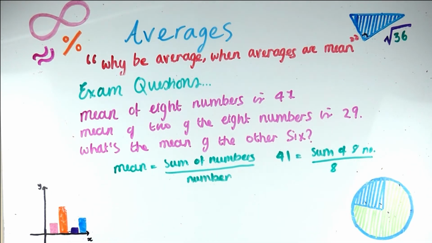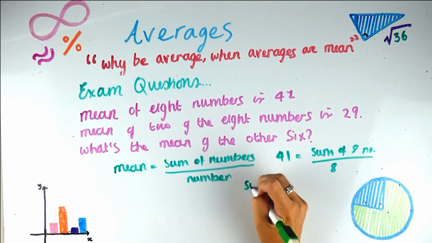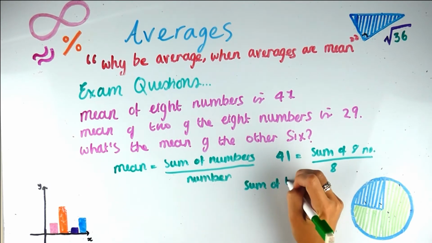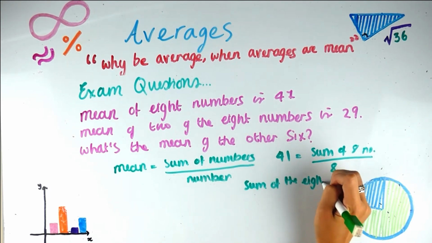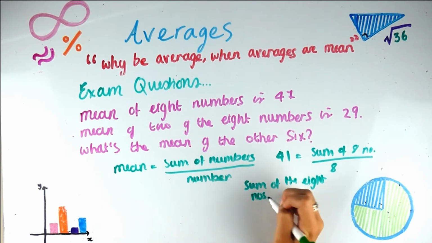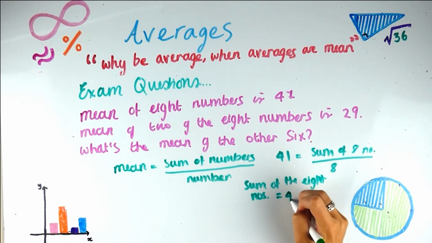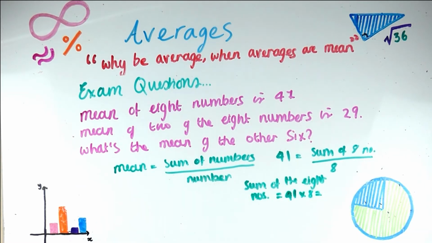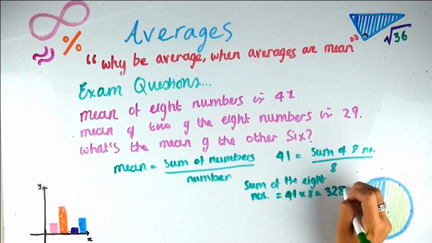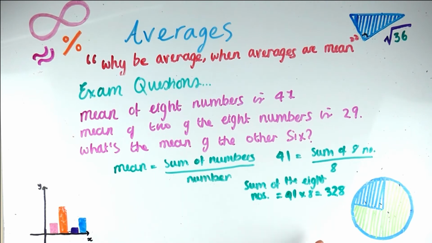So we know that if we multiply this up, the sum of the 8 numbers is 41 multiplied by 8. And the reason you know to do this is because it's the only information that's given you in the question, so it's kind of what you've got to work with. So that's 328.